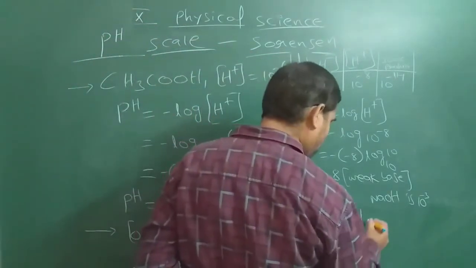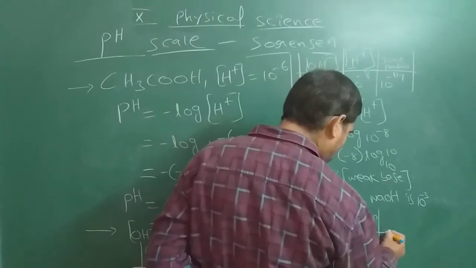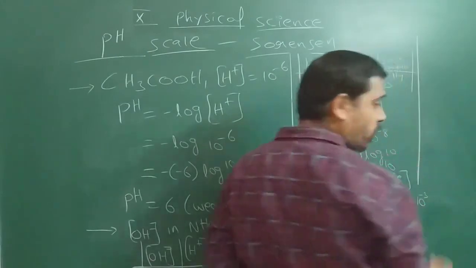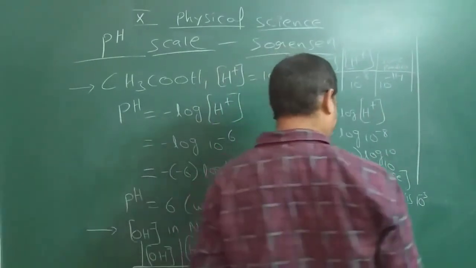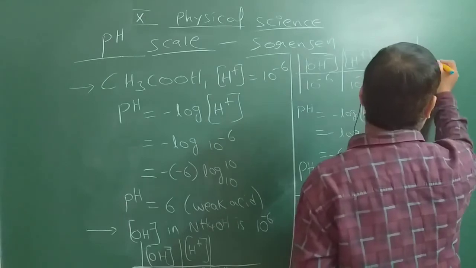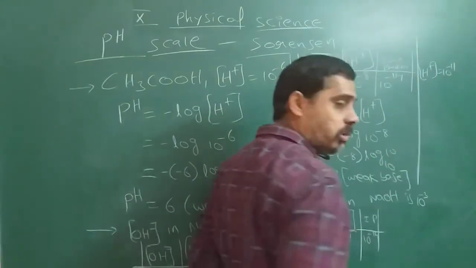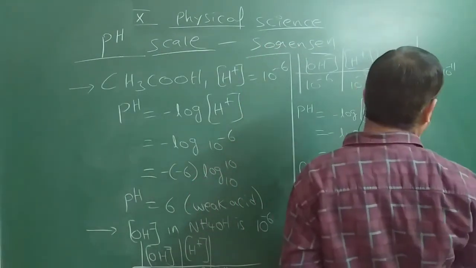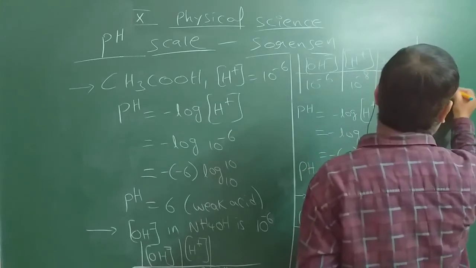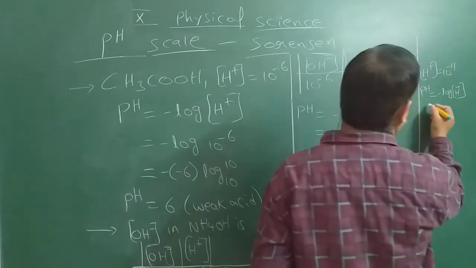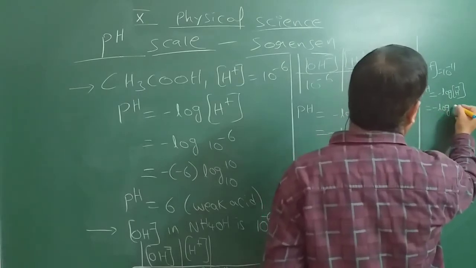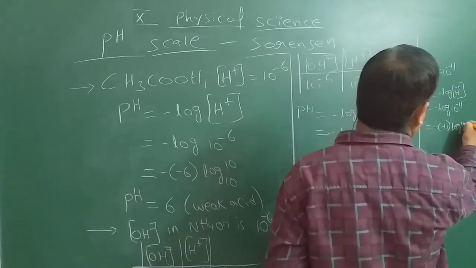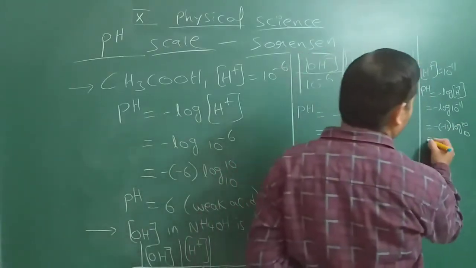If you multiply, we get the ionic product 10 power minus 14. So the H plus ion concentration is 10 power minus 11. Then pH is equal to minus log H plus ion concentration, that is minus log 10 power minus 11, which is equal to 11.